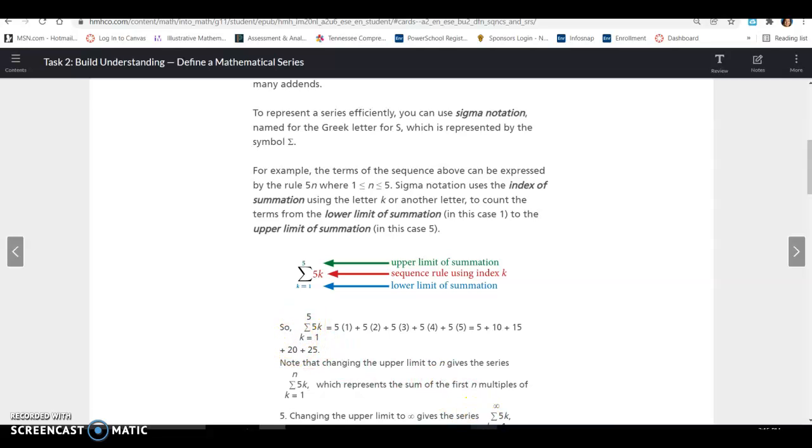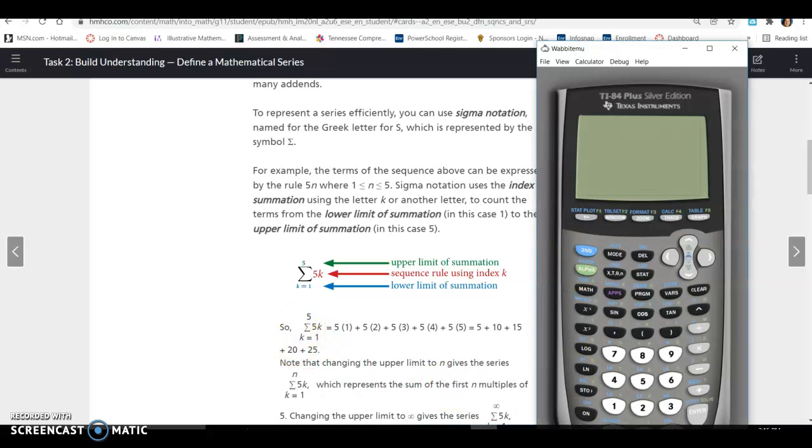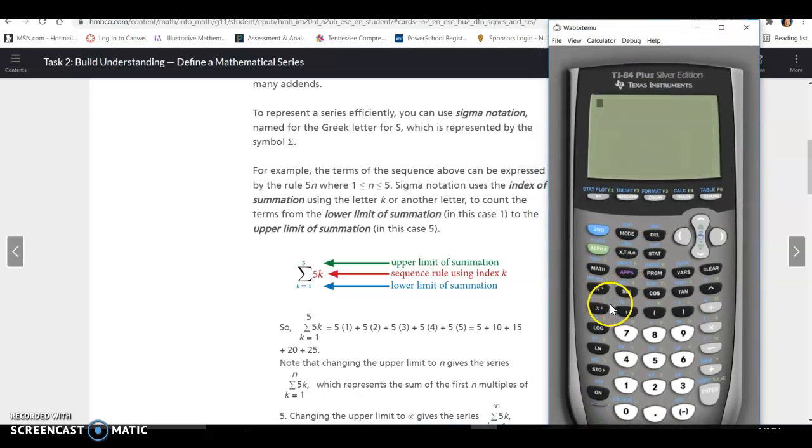And I can show you there is a button on your calculator, which is nice to know, especially if you're in a hurry. So you have math, and if you scroll up on the math button, if you have a new TI-84, it should have a summation button, and all you have to do is fill it in. So if you want to find the sum of this series from 1 to 5, just put in a variable.